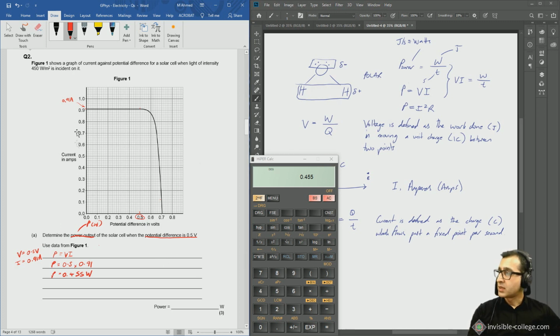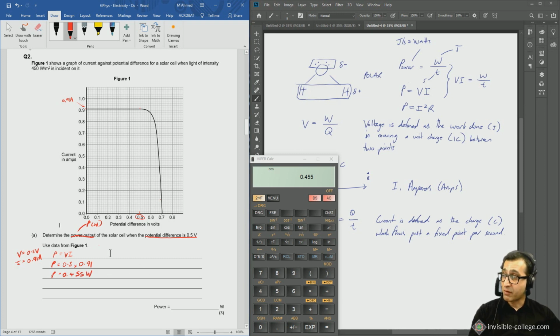Now, another thing that I see a lot of students doing, sometimes unnecessarily in exams, is to round up or round down their answers to certain numbers of significant figures. And they seem to be doing this randomly without really paying attention to the question.